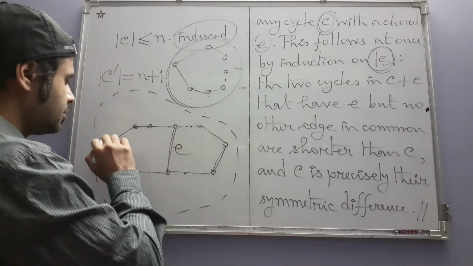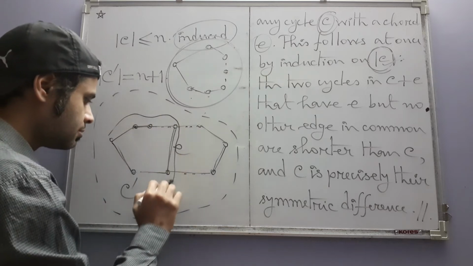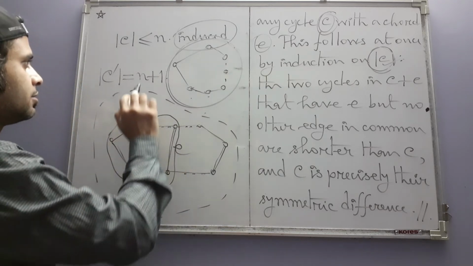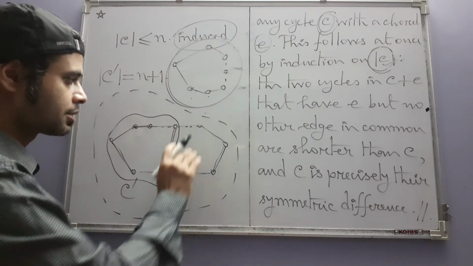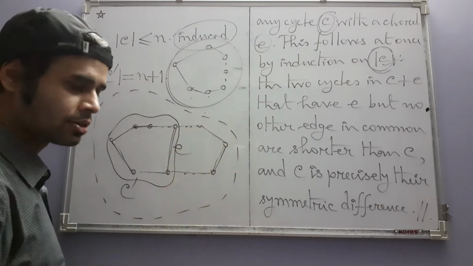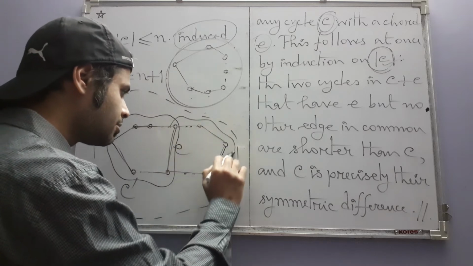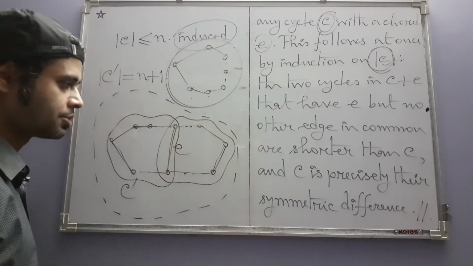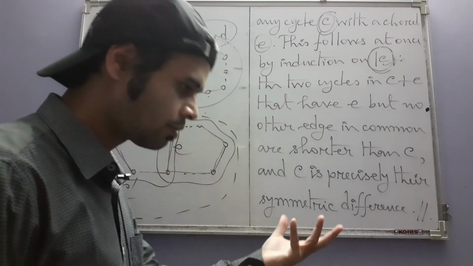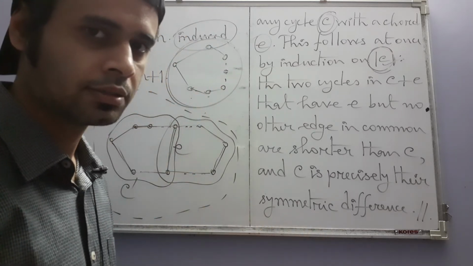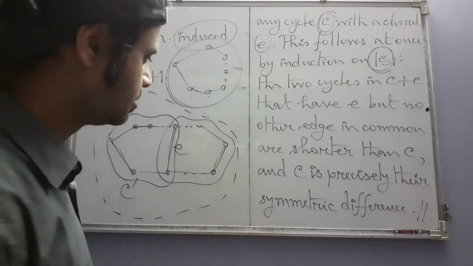Now the point here is that this cycle has length smaller than n plus 1 because some portions it has lost. That other cycle also has length smaller than n plus 1. So each one of them is a linear combination of induced cycles by our induction hypothesis.